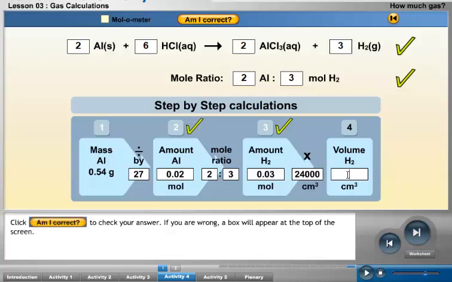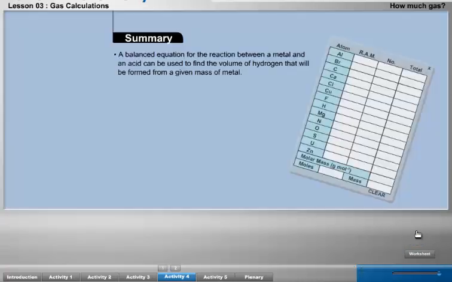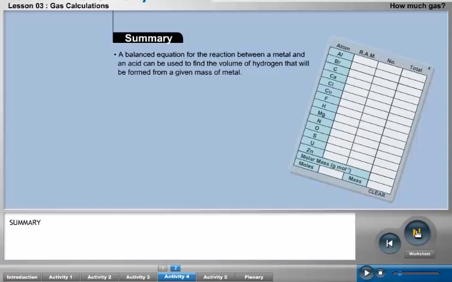If you are wrong, a box will appear at the top of the screen. Summary. A balanced equation for the reaction between a metal and an acid can be used to find the volume of hydrogen that will be formed from a given mass of metal.